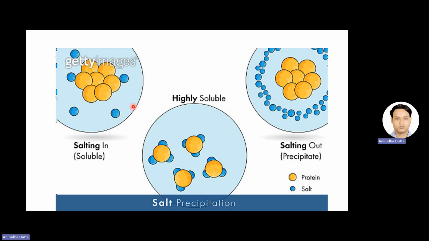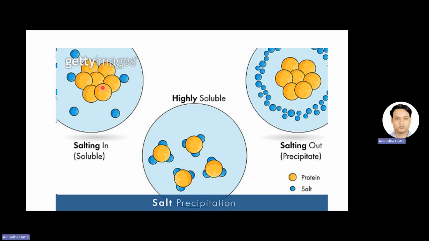So you see in this picture, the proteins are in an aggregate form, and salts are around. If you keep adding salt, then those salt ions, cations and anions, will start interacting with the individual protein molecules.